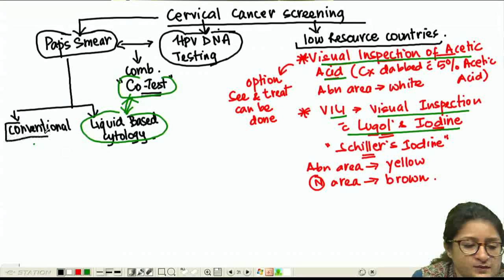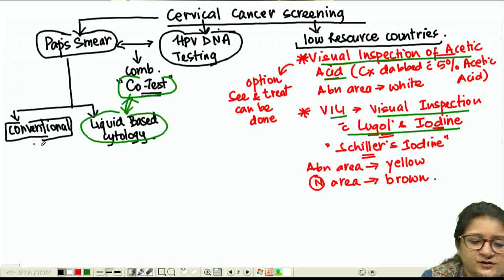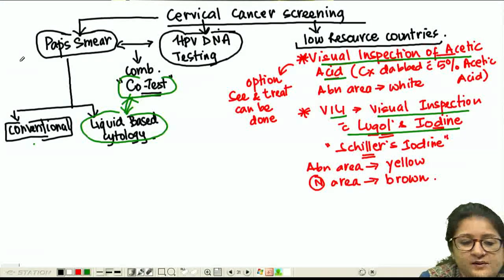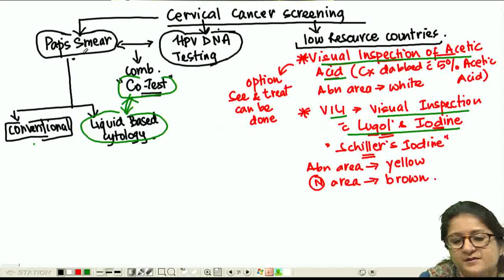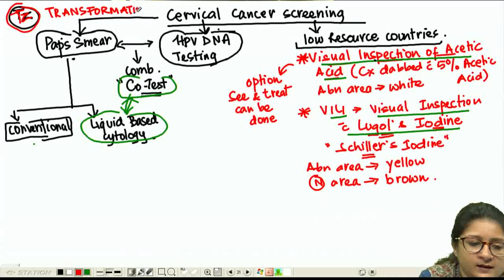In the conventional pap smear, an Ayre spatula is used to sample the transformation zone. Whenever we are talking about HPV DNA testing, pap smear or visual inspection with acetic acid, what are we sampling? We are sampling the transformation zone. This transformation zone is on the ectocervix.